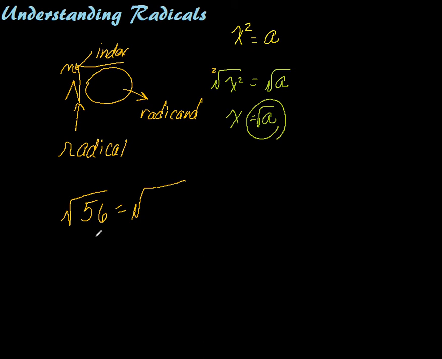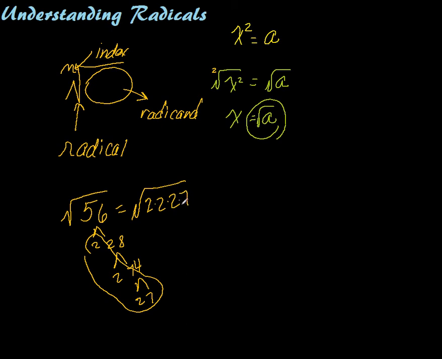Remember your tree diagram: 2 times 28, which is 2 times 14, which is 2 times 7. Now I have the prime factorization of 56, which is 2 times 2 times 2 times 7.